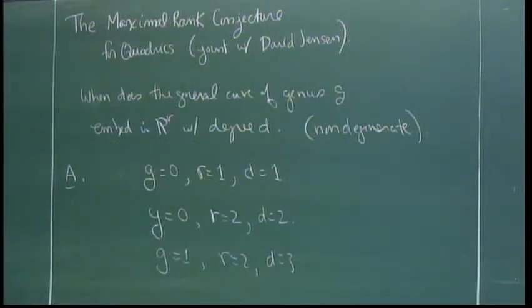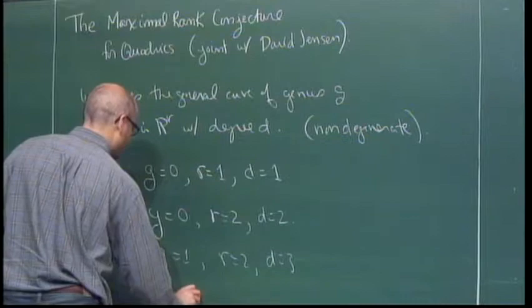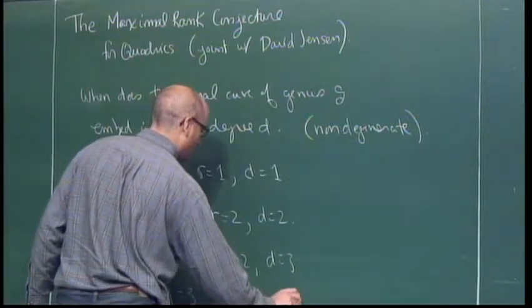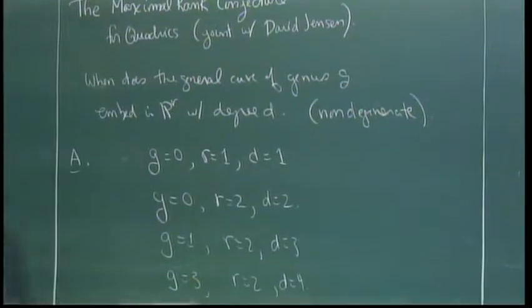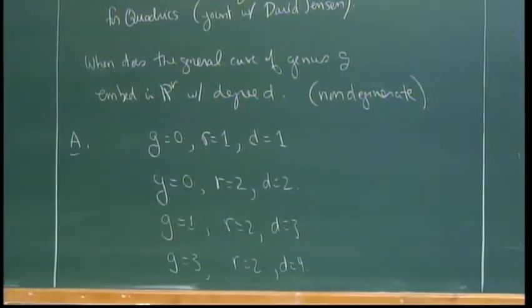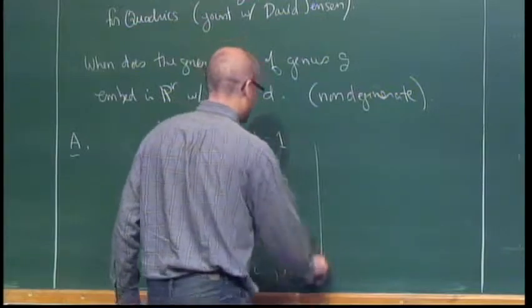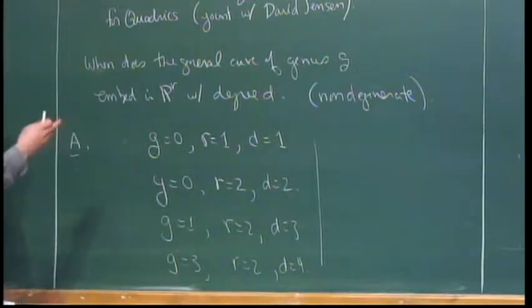And if you go up to degree 4, then the genus jumps to 3. So a general curve of genus 3 embeds in P^2 with degree 4. And the more precise statement there is that every smooth curve of genus 3 is either hyperelliptic or it's a smooth plane quartic. These are the only cases when the general curve embeds in P^1 or P^2.